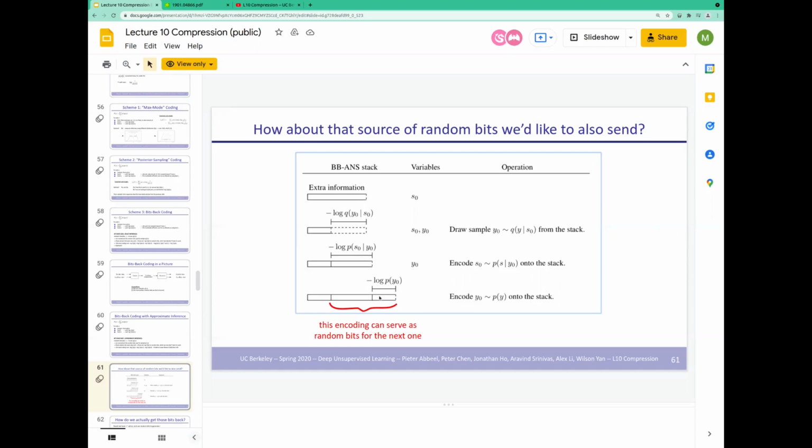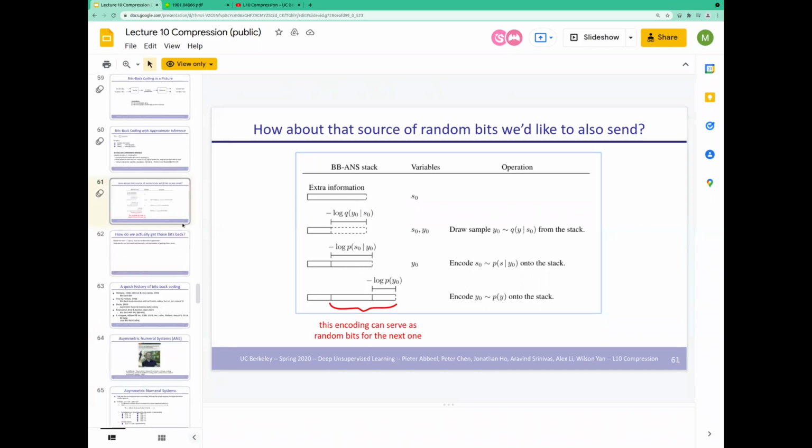But then you can always use the previous one to encode the last one. Yeah, it has a consequence that you have to decode backwards. But that's the basic idea of bits back.